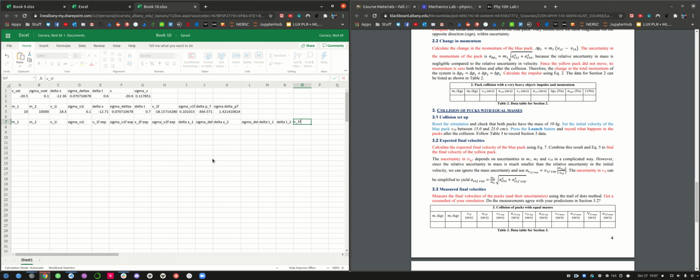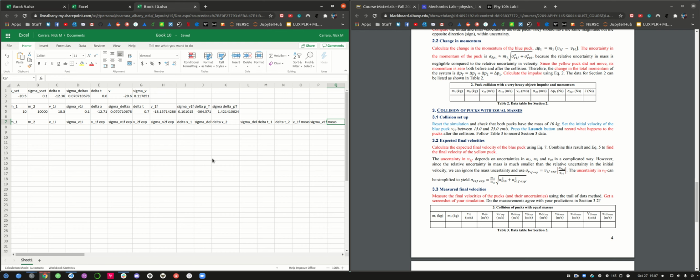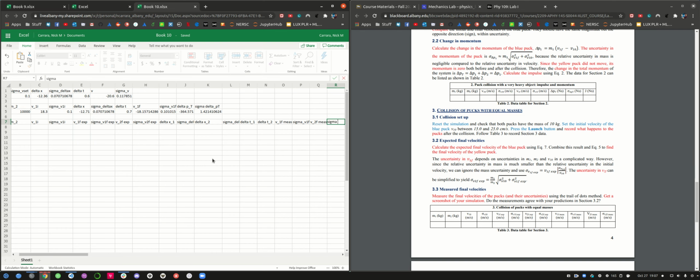V1 final measured, sigma. So lots of stuff to calculate here.